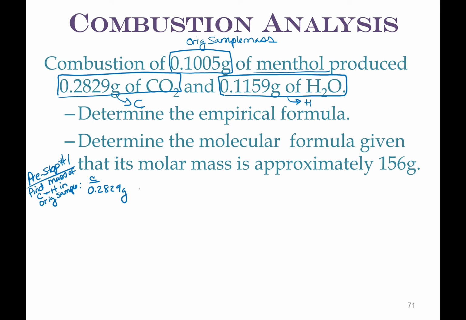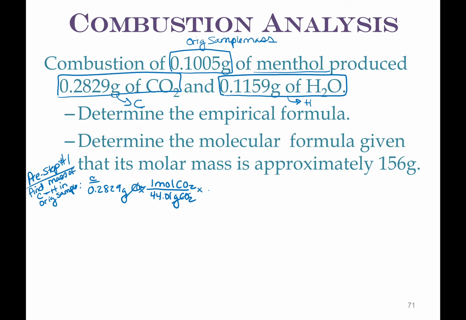0.2829 grams of carbon dioxide. The molar mass of carbon dioxide is 44.01 grams for 1 mole of carbon dioxide. And I need to fix this right here. I meant to say carbon dioxide there, and I said and wrote carbon, so I apologize for that. So now we're in moles of CO2.